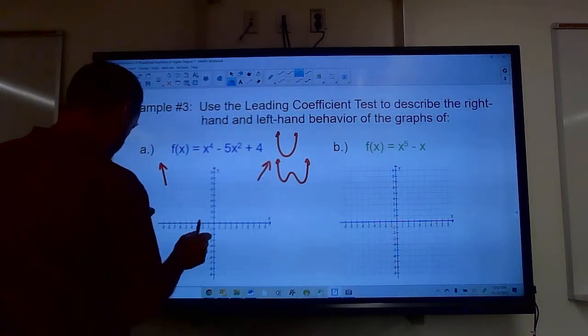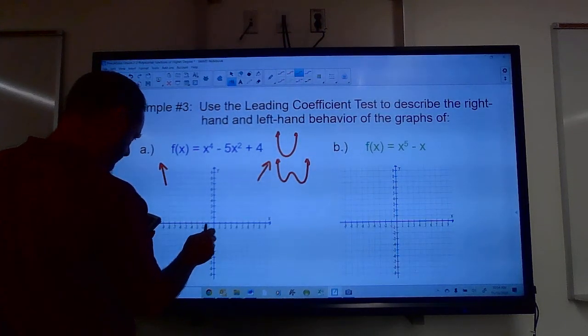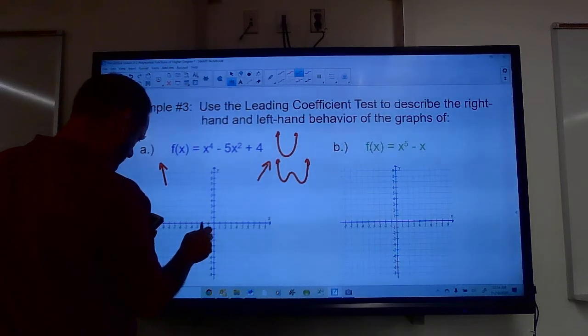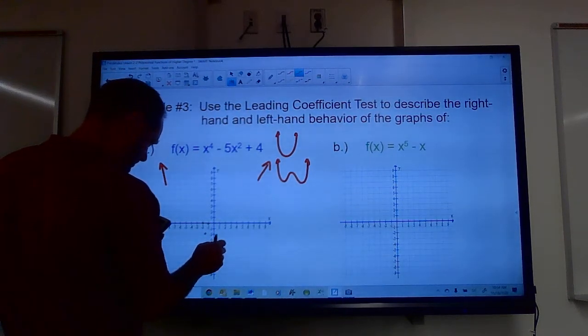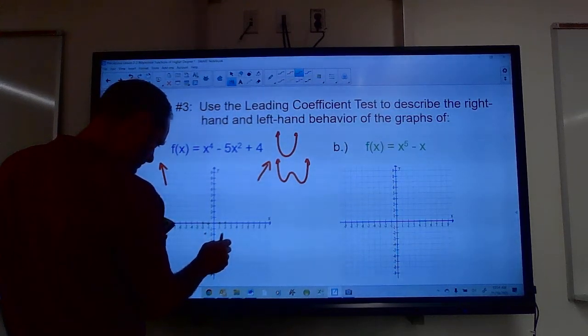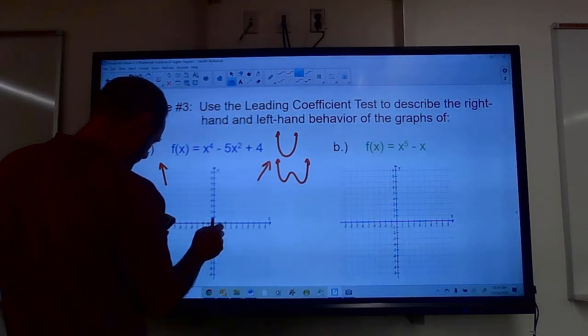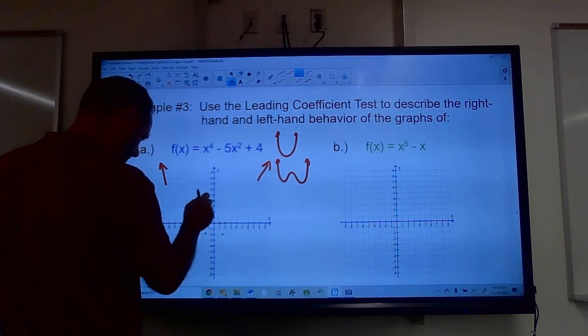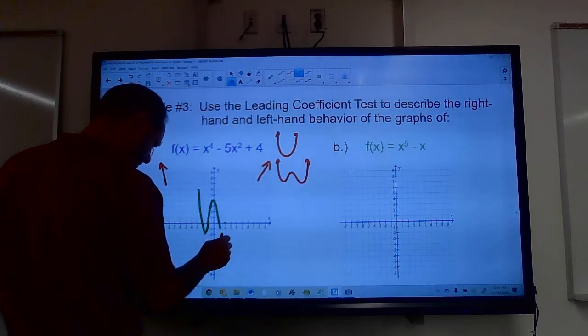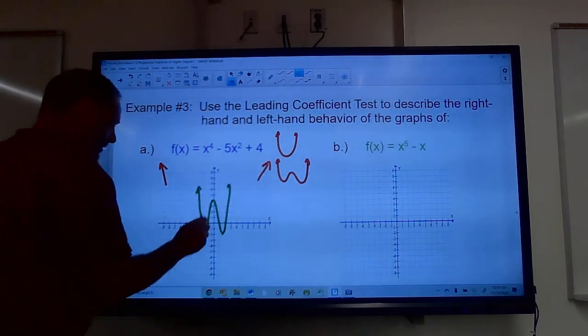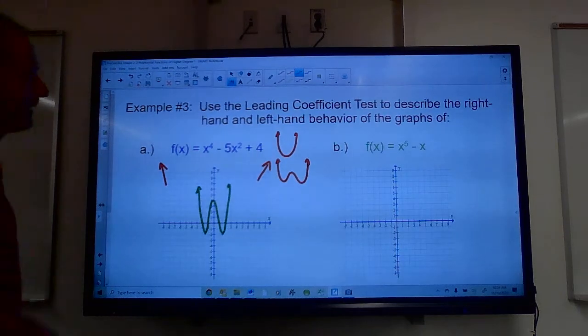And it looks very much like this. There we go. So it'll look like this one.